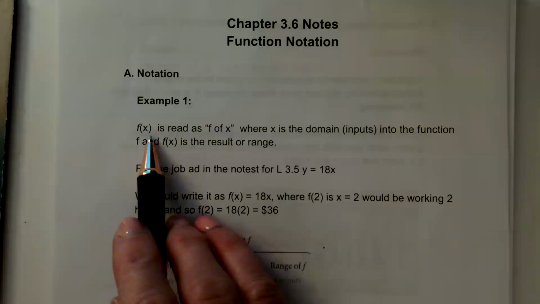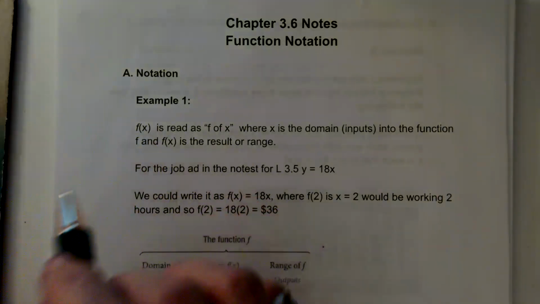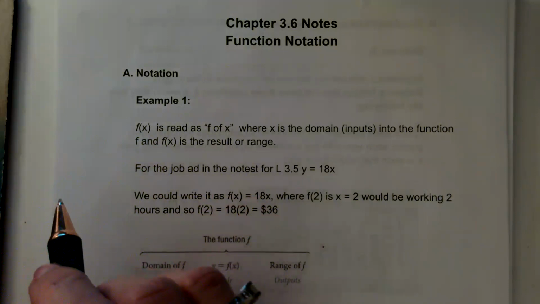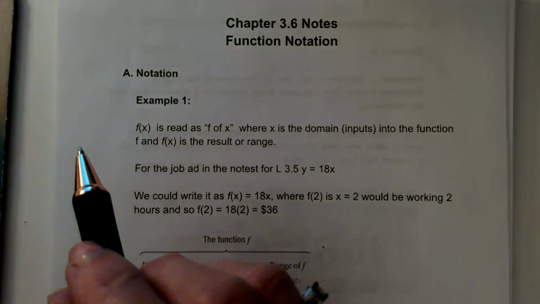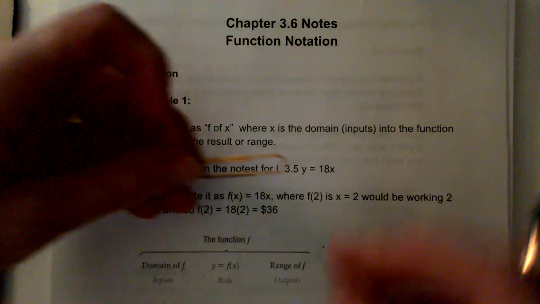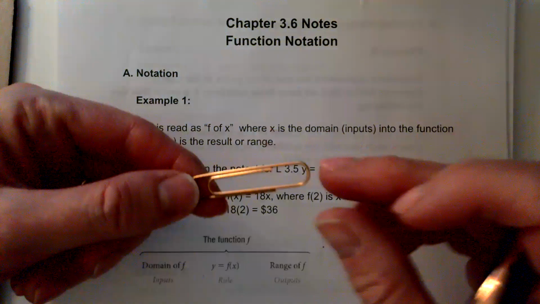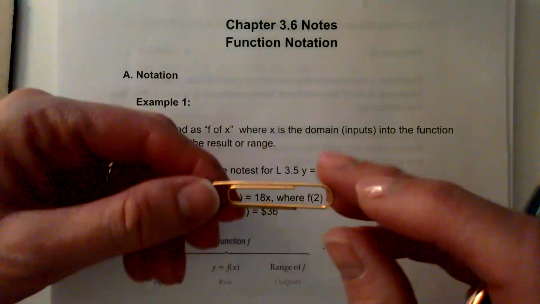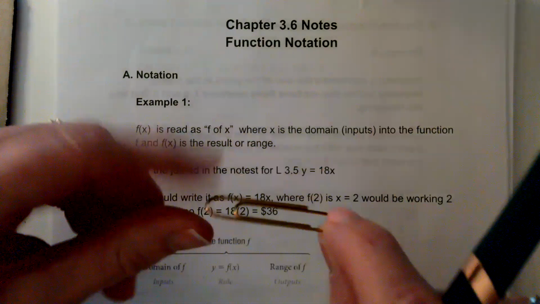It's not a multiplication. We're saying that this is kind of like a machine. If you were going to make a part, let's say if I wanted to make this paperclip, there's a machine that will form this paperclip. And x is the input that goes into the machine. The input here would be the metal that goes into the machine.